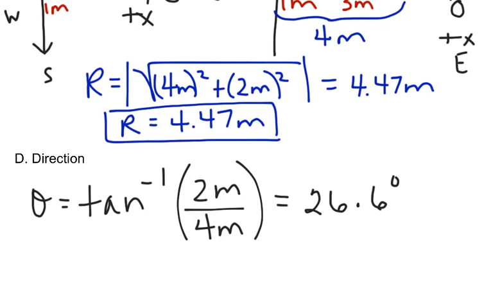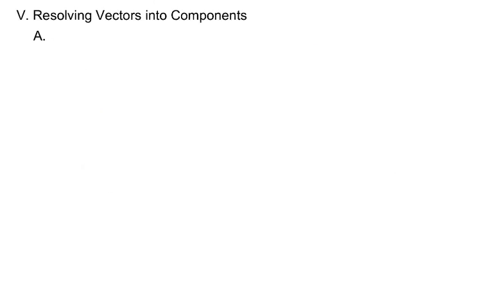So the person has a total displacement of 4.47 meters in a direction of 26.6 degrees above the horizontal, above the 0 degrees in the drawing, or 26.6 degrees north of east.